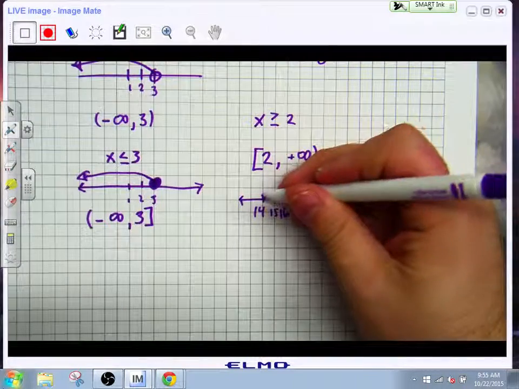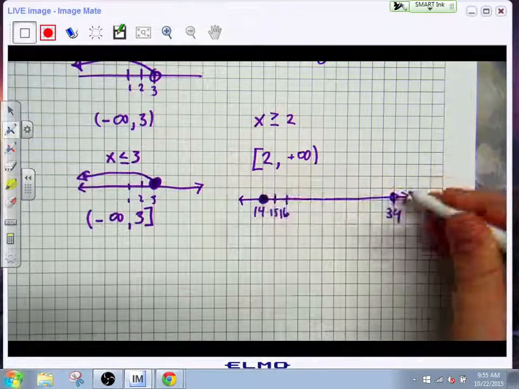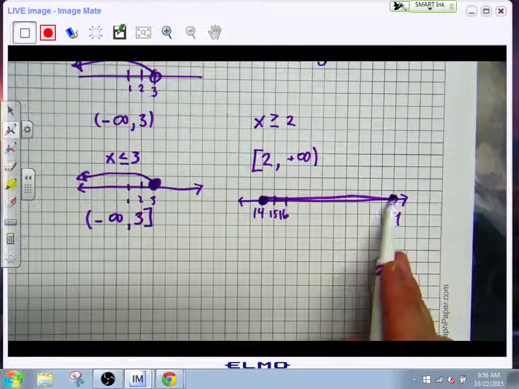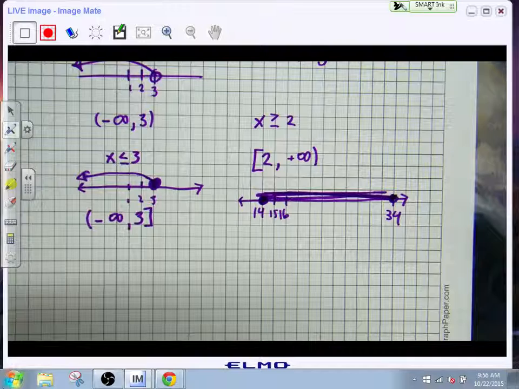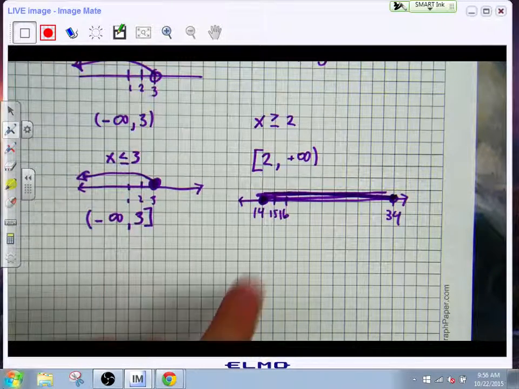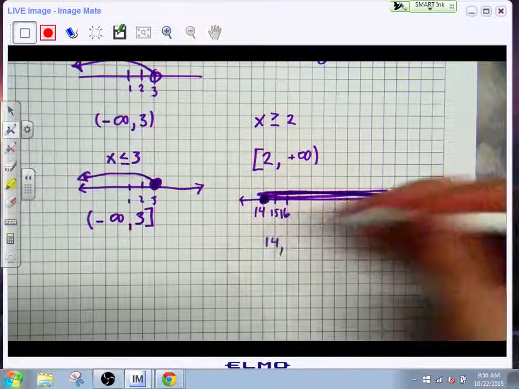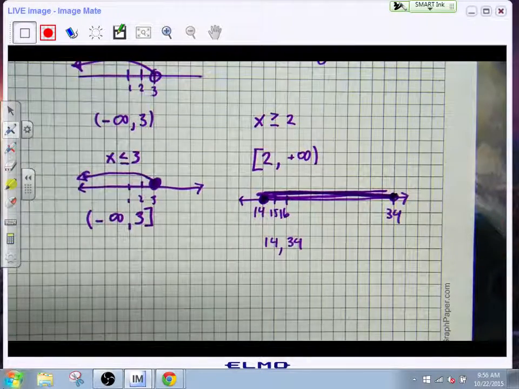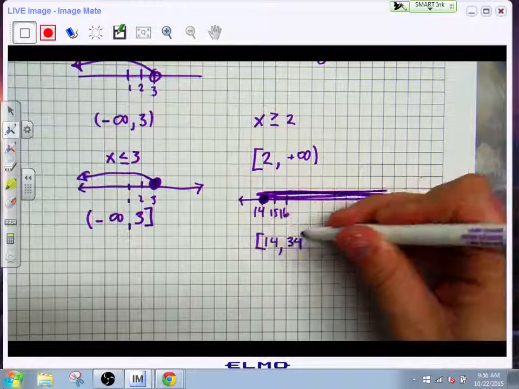So if I were to represent this as a number line, I'd represent it like this. Someone's 14, someone's 34, and somewhere in the middle is everybody in this room. So in this regard, in this interval of possible ages of people in this room, the lowest number is 14. The highest number, 34, and they're inclusive, right? They're dots to show that they count, so I put it in brackets.